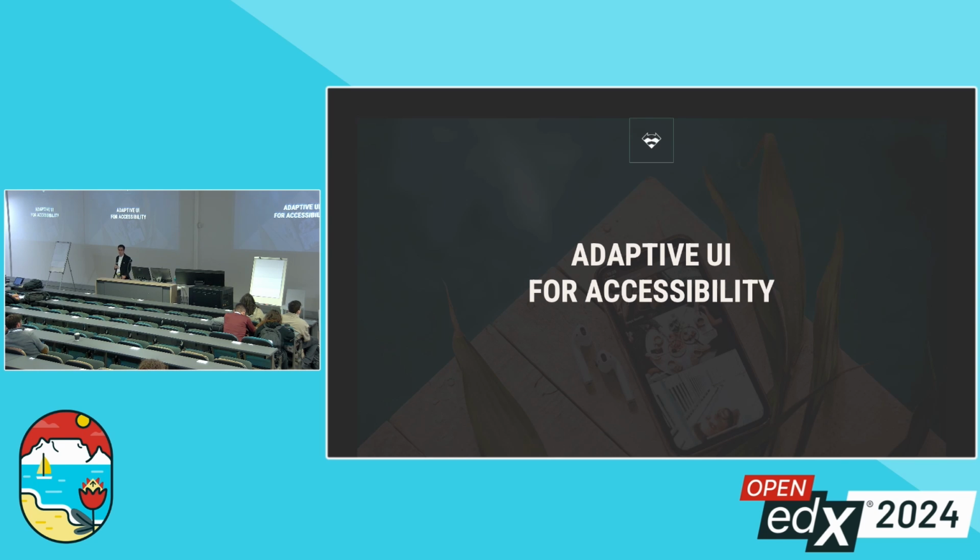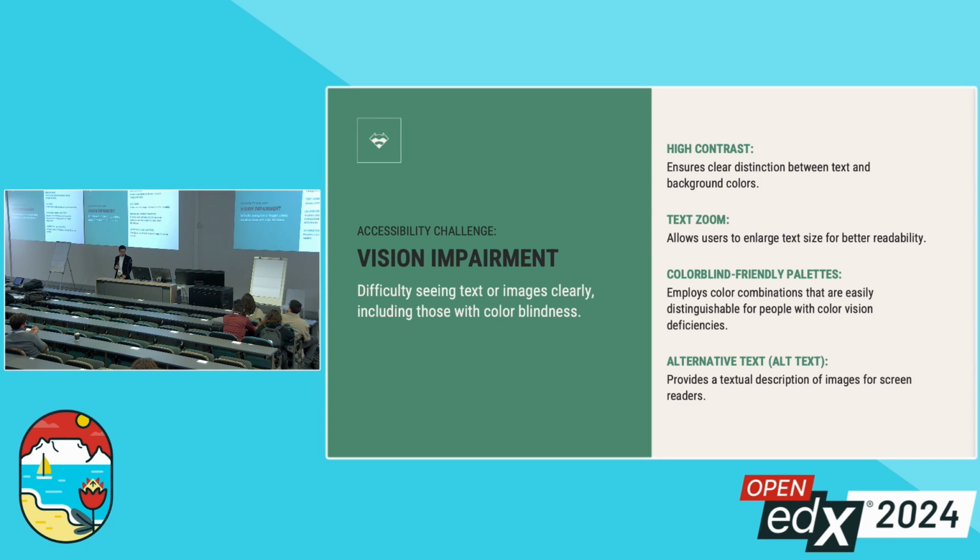An adaptive user interface adapts to the needs of all users, including those with disabilities. It's crucial to ensure that everyone can access and benefit from mobile learning. People with visual impairments might struggle to see text clearly, while those with hearing difficulties might miss audio cues. Thankfully, UI design can bridge these voids. High contrast themes, zoom features, and colorblind-friendly palettes ensure everyone sees information clearly. Alternative text descriptions for images further enhance accessibility for those who rely on screen readers.